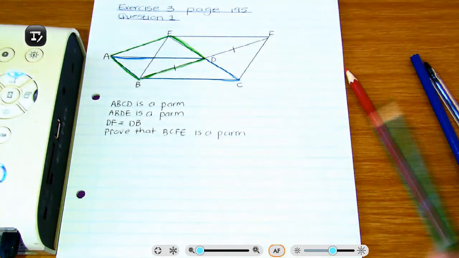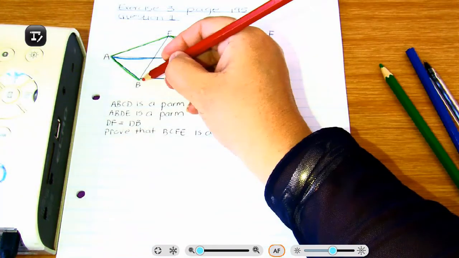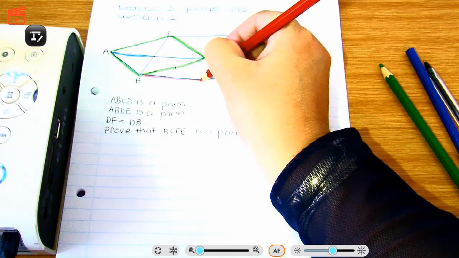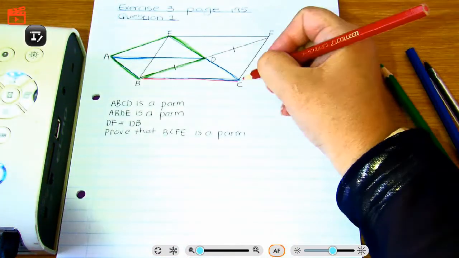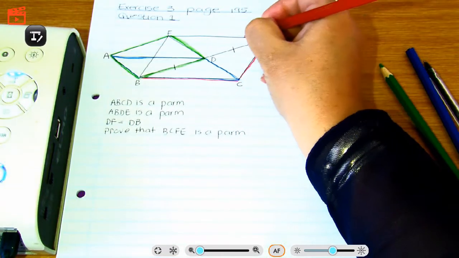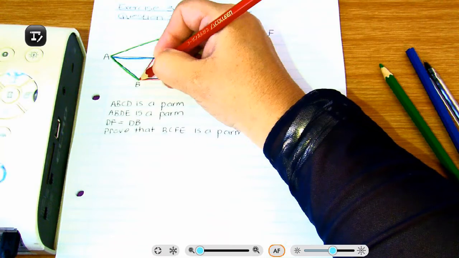And what they're asking us to prove is that BCFE is a parallelogram. So they're asking us to prove that this is a parallelogram.